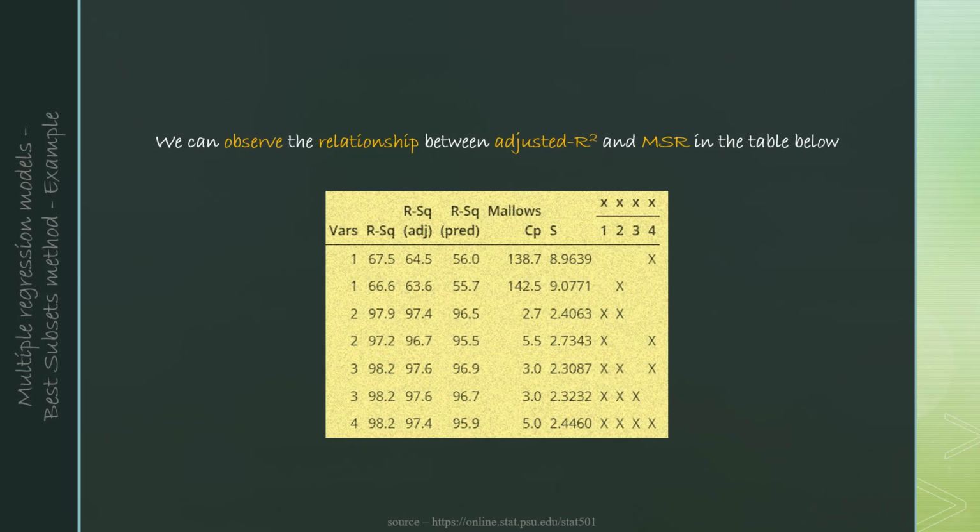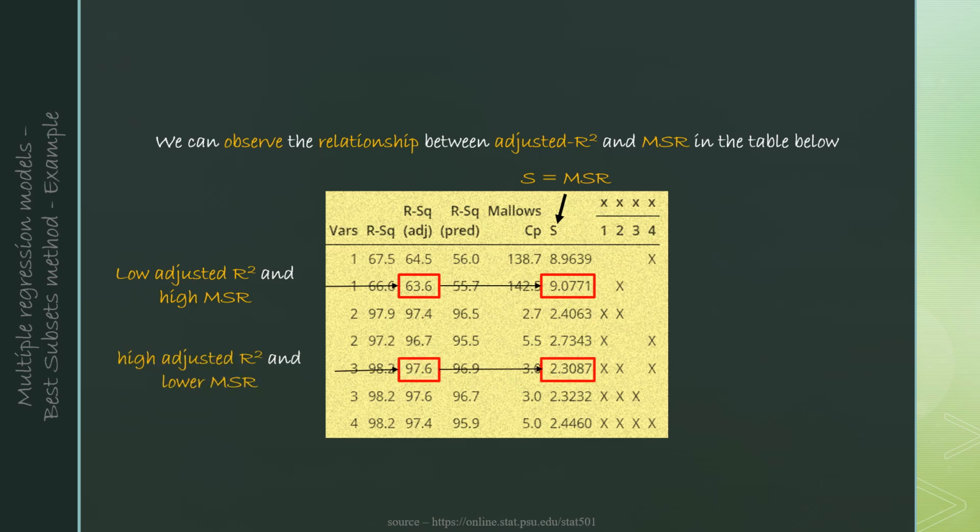We can observe the relationship between the adjusted R square and MSR in the table below. S in the table is nothing but MSR. Low adjusted R square and we see a high MSR value. High adjusted R square and we see a lower MSR value.